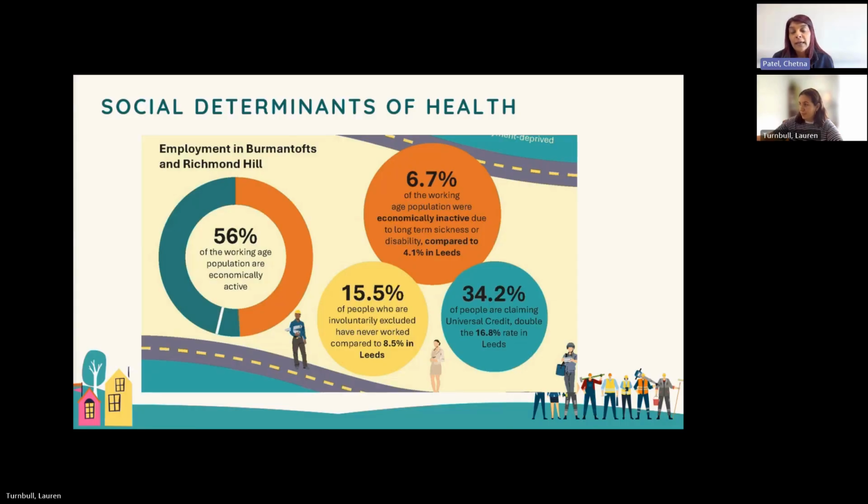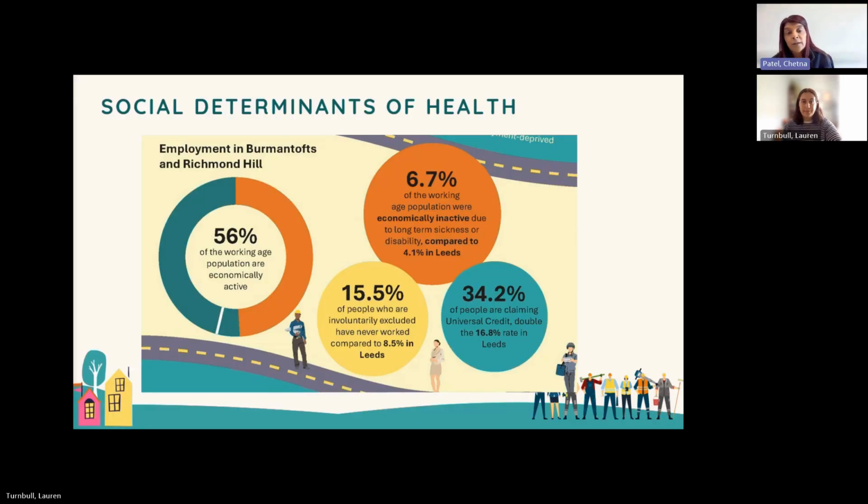And when we look at employment, we can see in the area that half the population is active in terms of work, but we have over 40% of the population that aren't working. And this can be for various reasons. So it can be because of disability, it can be because people are looking after families, it can be long-term illness.